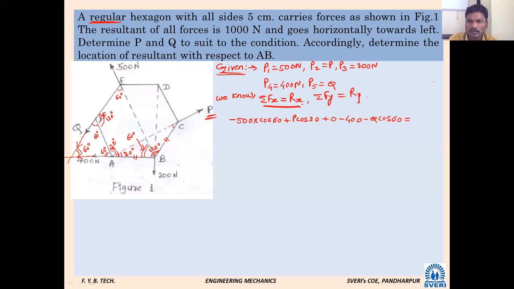Now tell me the first value in terms of P and Q. You modify this equation. What is the value of cos 30?